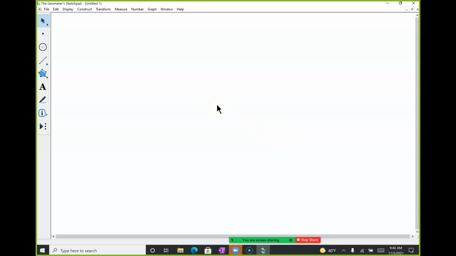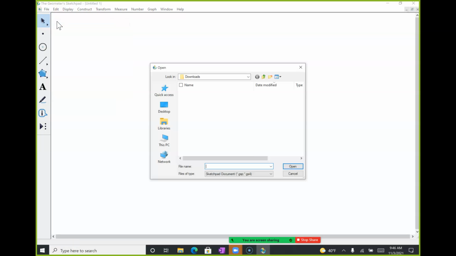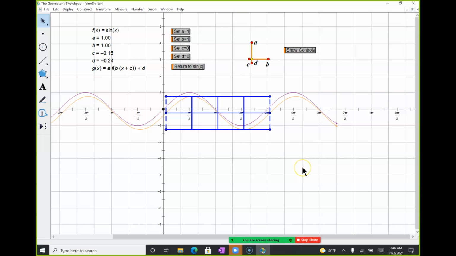My program is called Geometry Sketchpad. It's not free, okay? You could open this file and look at it for free if you download the trial version of it, but you can't save anything. That's the key. But we want to look at this particular sketch that I had built. The challenge is really, can you build it yourself?